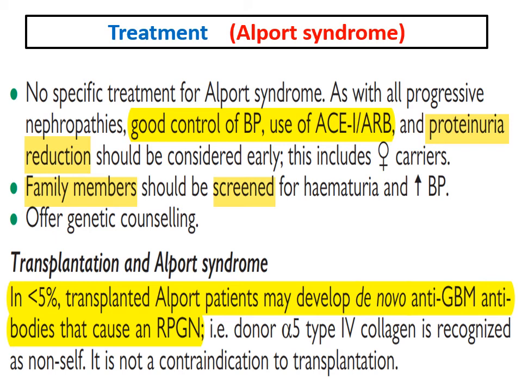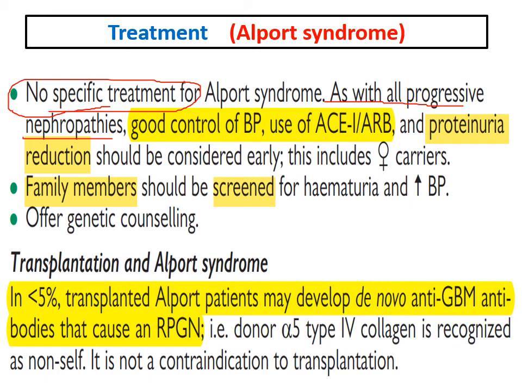What about treatment? In Alport syndrome, there is no specific treatment, it is an inherited disorder. All male patients usually progress to end-stage renal disease, as we said. In X-linked males, they usually progress to end stage by the third decade.